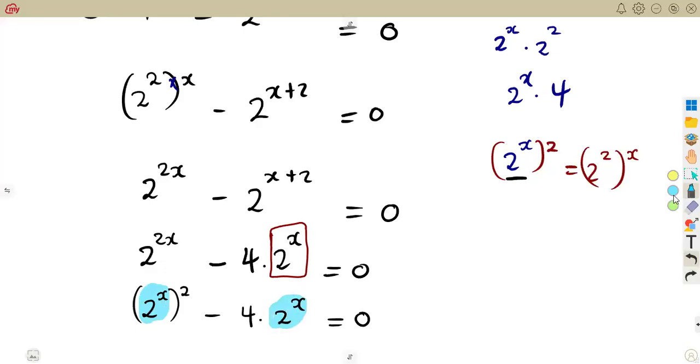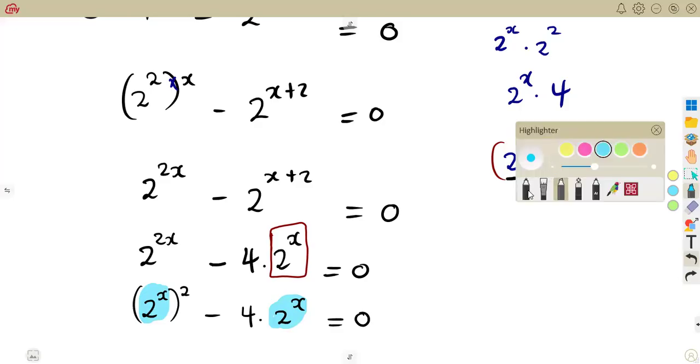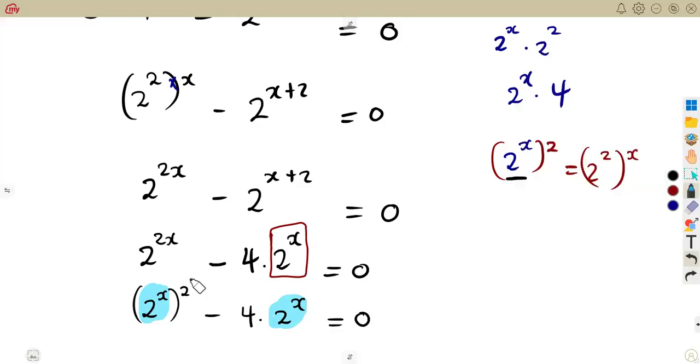As we can notice, it is no longer a normal equation that we are used to, because it is being raised to the exponent of 2. So it means we are going to formulate a quadratic equation. But how can we formulate that quadratic equation?